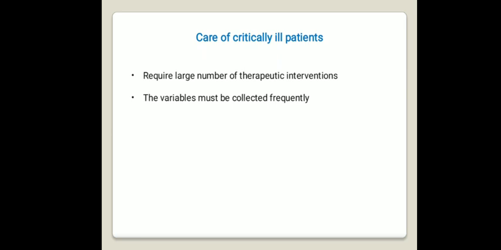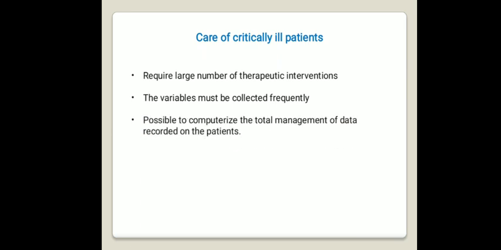This results in a large quantity of information which may lose its significance unless the data recorded is presented in a clear manner. In the intensive care unit, it is now possible to computerize the total management of data recorded on the patient. The data management includes the entry, integration, and reporting of all vital signs, medications, intake and output volume, and laboratory values.